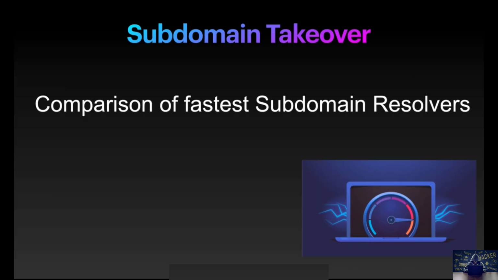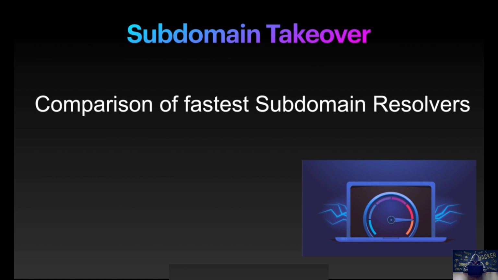Hello everyone. When we are doing subdomain takeovers, the first and foremost important step is subdomain enumeration. And obviously, when we are doing subdomain enumeration, we want two very important things.